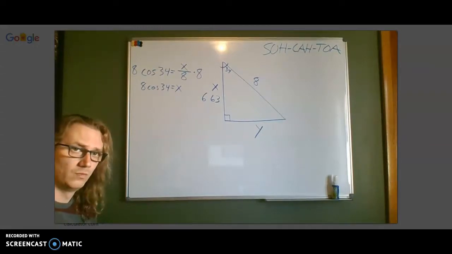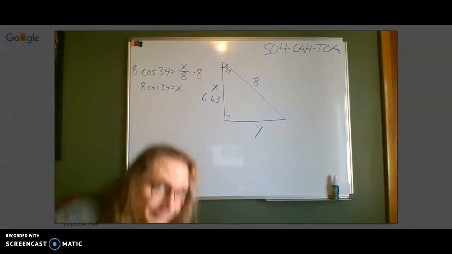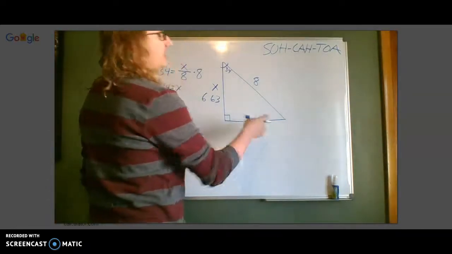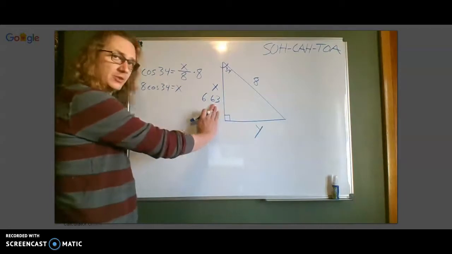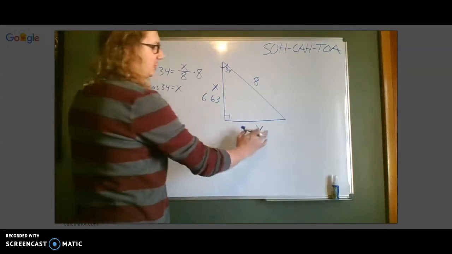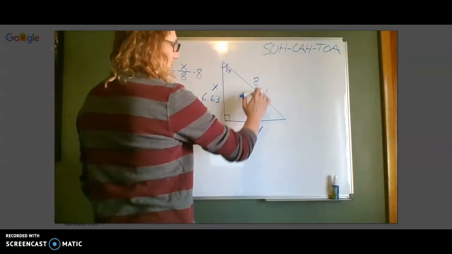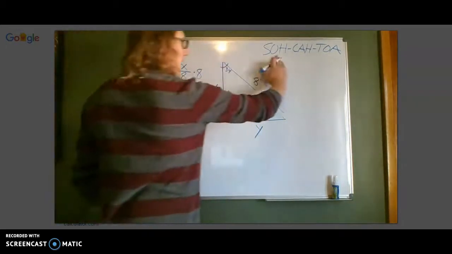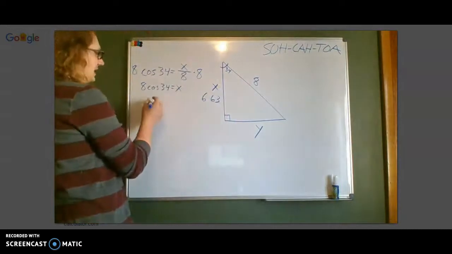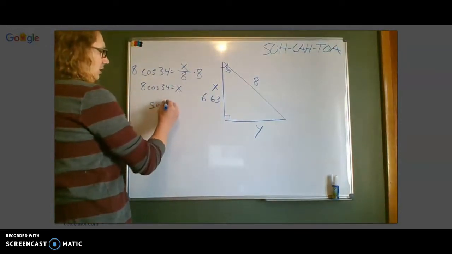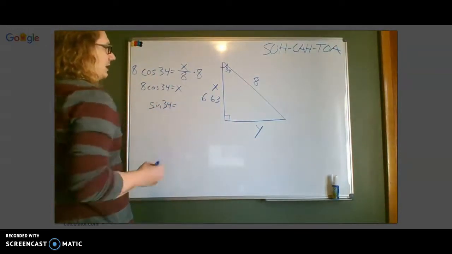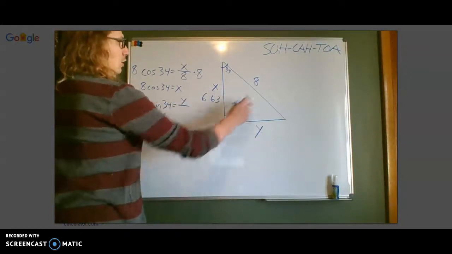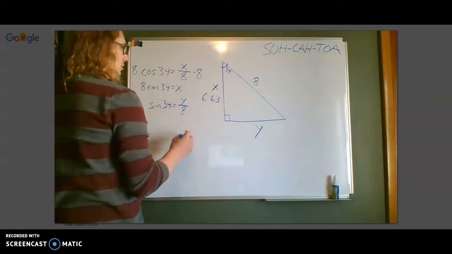Go. All right, looking at y. If we're looking at y, I need to include y and a number I know. Again, I don't want to use this because I rounded. So I want to use this side and my hypotenuse. So my opposite and my hypotenuse. OH means I'm looking for sine. Sine of 34 equals my opposite side over my hypotenuse.